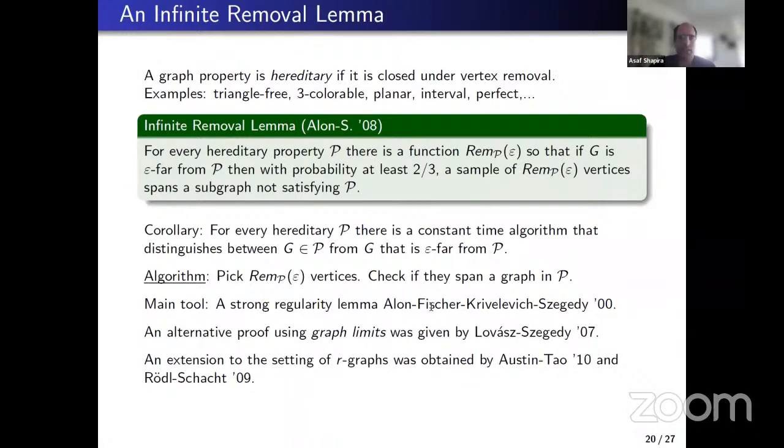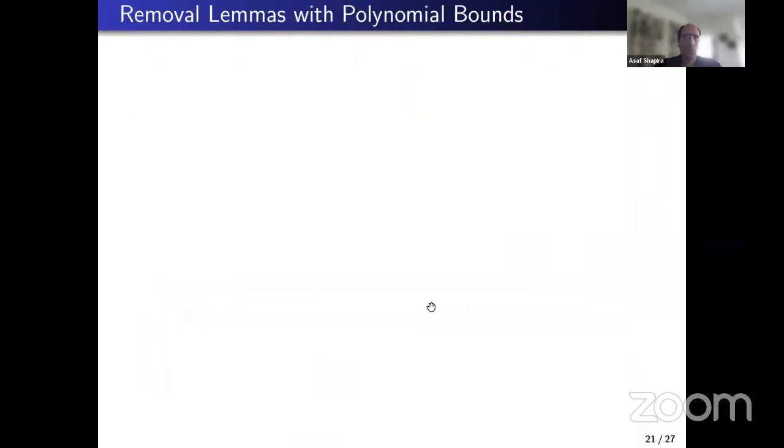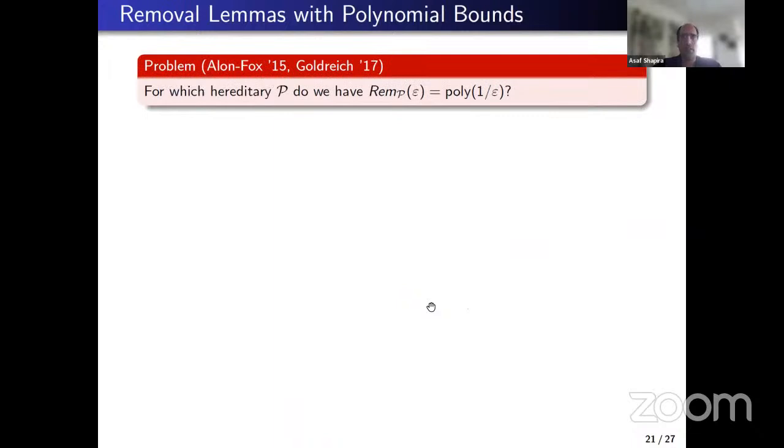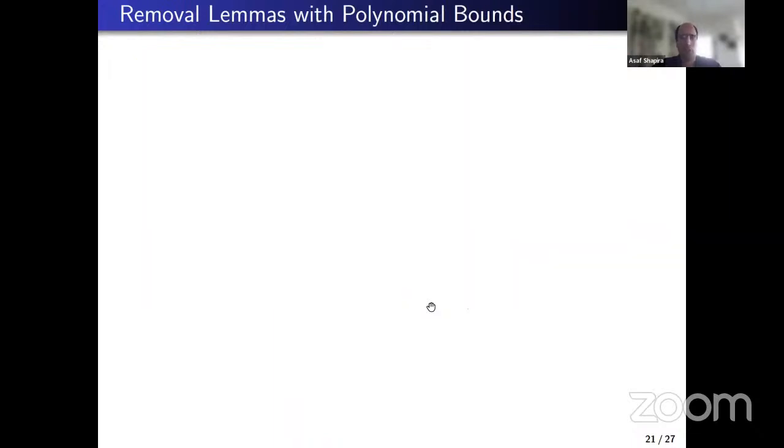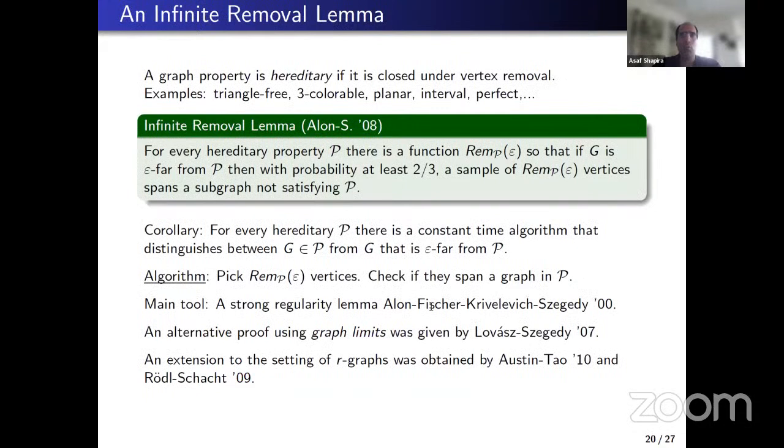And then this result was extended to the setting of hypergraphs by Austin and Tao and by Rödl and Schacht.